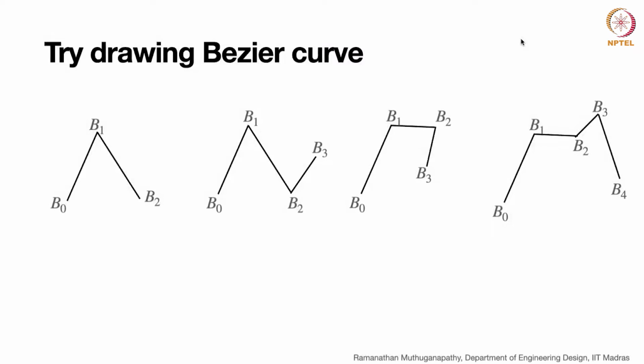We count from 0, 1, 2. The last index is n, so the last index is the degree. I messed up a little bit there. If you have 3 control points, it will be a degree 2 curve. Similarly, if you have 5 control points, what will be the degree of the curve?